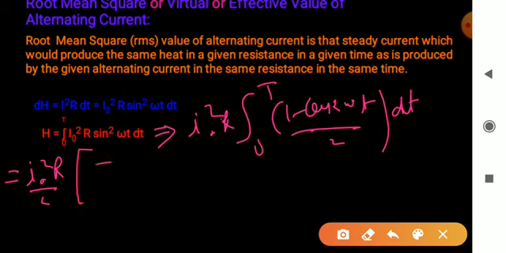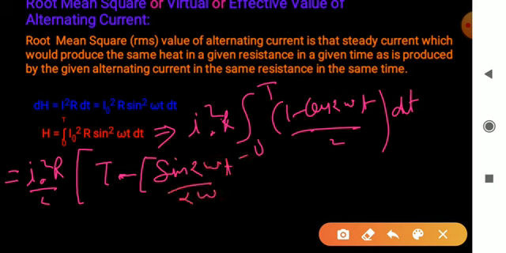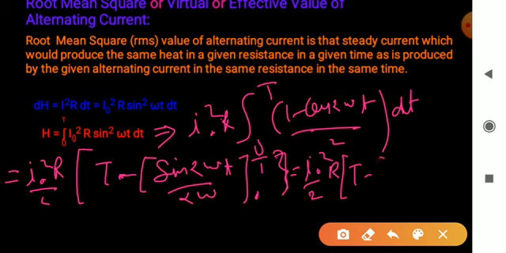So we can write t minus integration of cos 2 omega t, which is sin 2 omega t upon 2 omega, and the limit is 0 to T. Now applying the limit, we have I naught squared upon 2 into R, and this is t minus, in bracket, 1 upon 2 omega, and sin 2 omega T is sin 2 pi, so this is sin 2 pi minus sin 0.